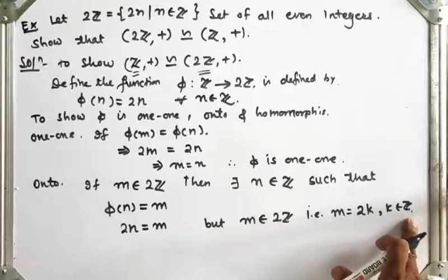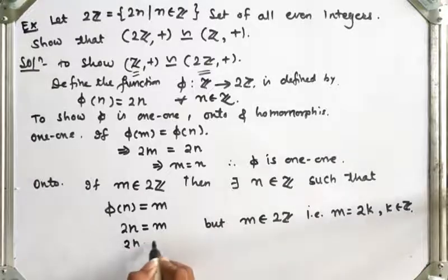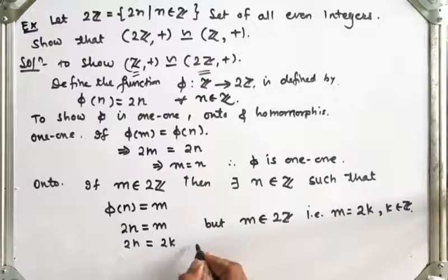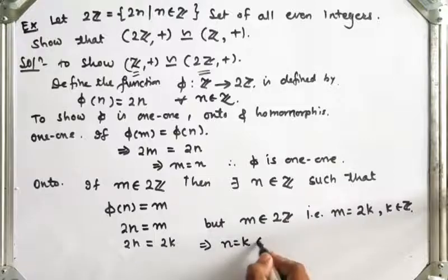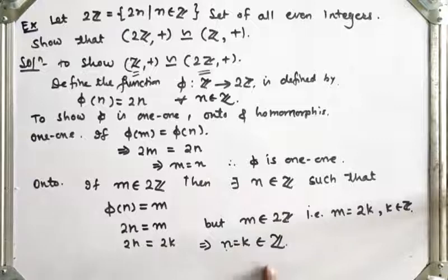So k belongs to the set of integers. So I will write twice n is equal to twice k, which implies that n is equal to k, which belongs to the set of integers. Therefore phi is onto. So here phi is one-one, phi onto.